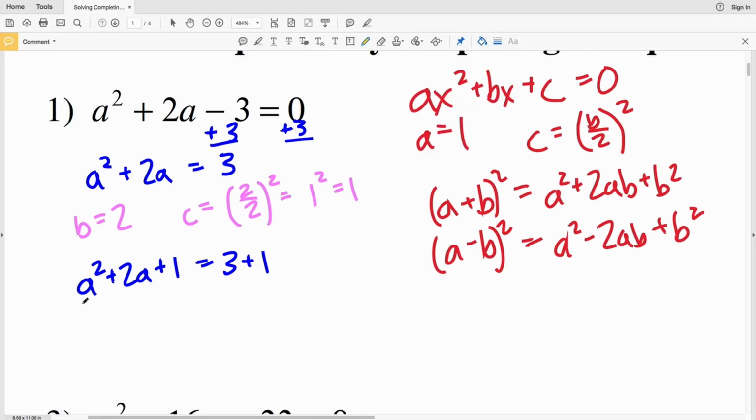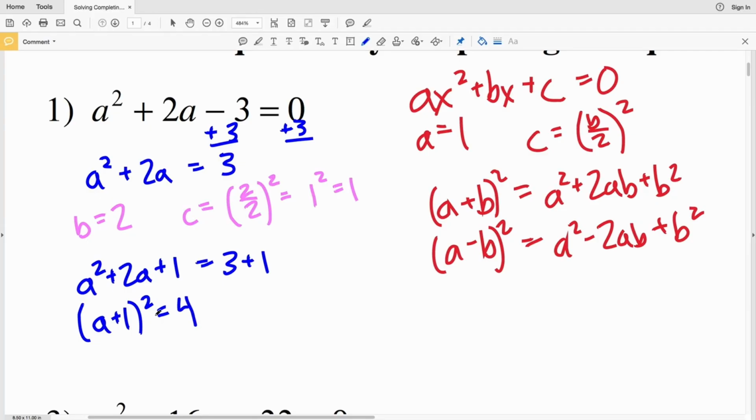So now you can see that a squared plus 2a plus 1 is in the form of a squared plus 2ab plus b squared, where that b value is 1 and the a value is simply a. So I'm going to rewrite that as a plus 1 squared, and that's going to be equal to 3 plus 1, which is 4.